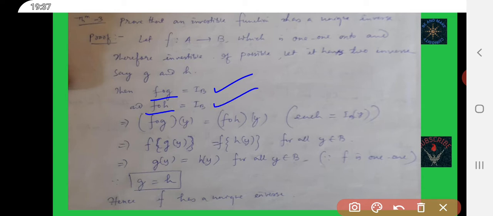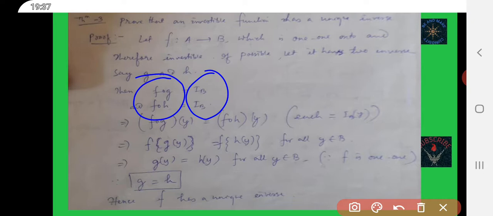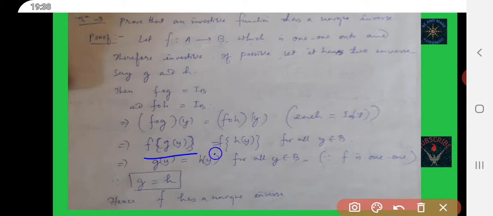Both we can write as IB. As the right sides are equal, we can write that the left sides are also equal. So you take fog of y is equal to foh of y. Now you can write f of g of y, and f of h of y.